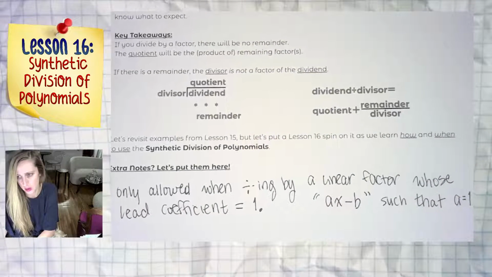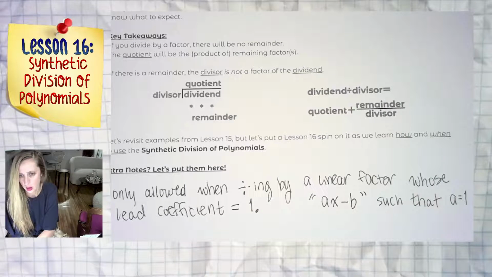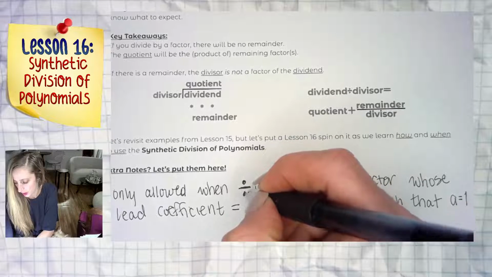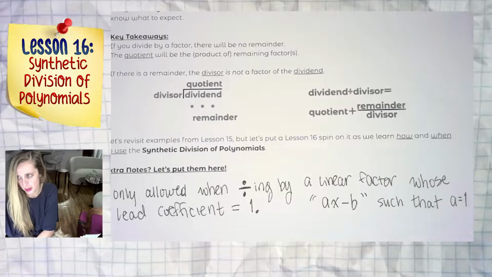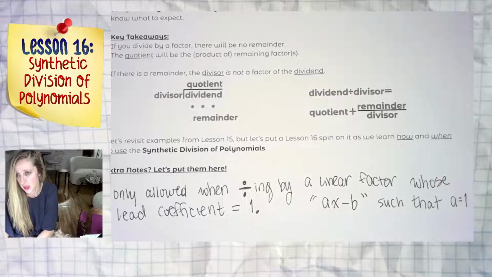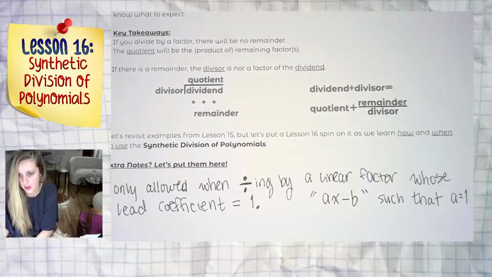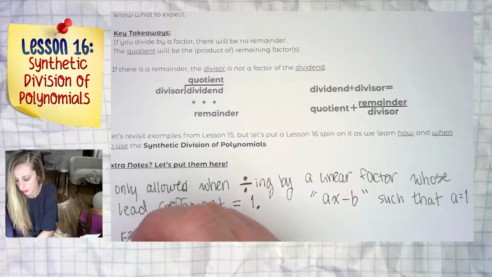Oh, I'm not even on the screen. My bad. There we go. So only allowed when dividing, let's really make this a big division symbol. I don't want it to look like that little hyphen I had put there to be multiply or subtract or something. Dividing by a linear factor whose lead coefficient is 1, ax minus b, such that a is equal to 1. What do some examples look like?